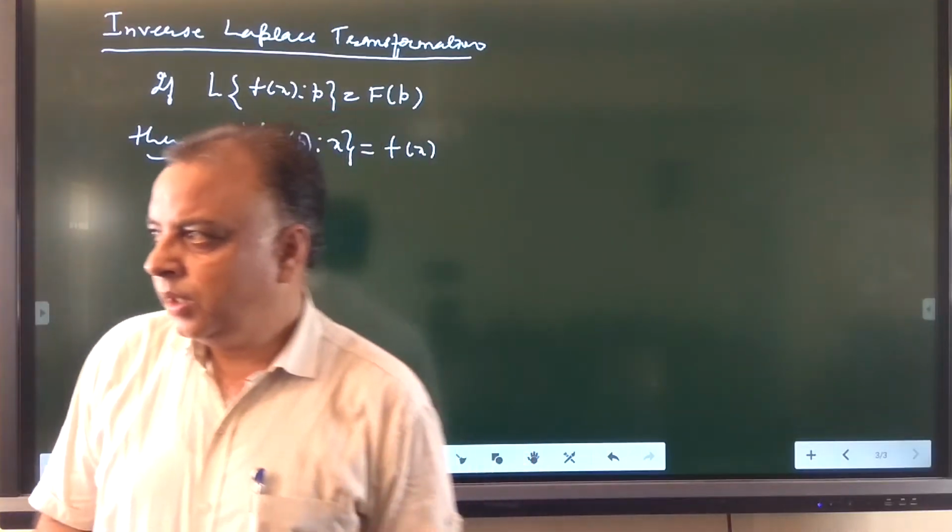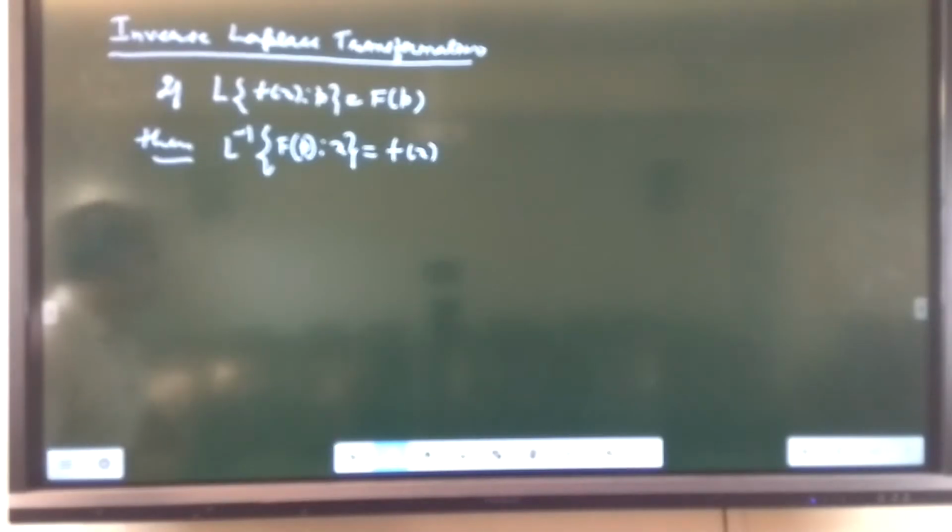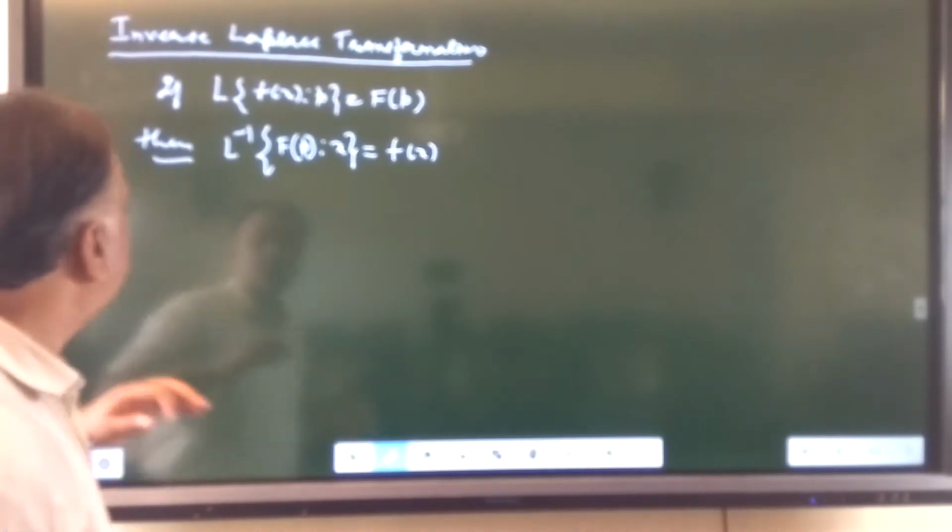Now we will calculate some standard results for the inverse Laplace transformations.